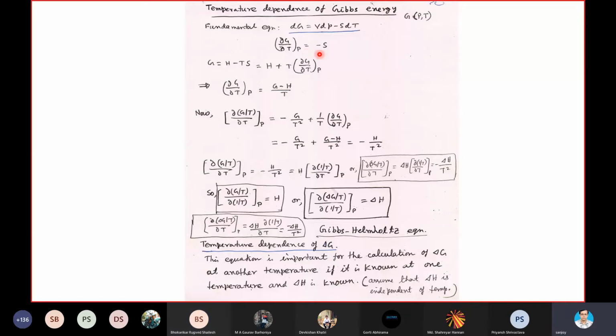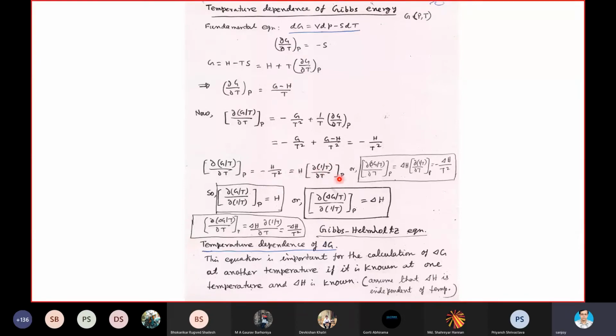Because I want to find out how Gibbs energy changes with temperature. This is how the Gibbs energy varies with pressure and temperature, so if I want to find out how it varies with temperature, I must keep pressure constant. Then only will I get the variation of del G with temperature. That is why pressure is constant everywhere.